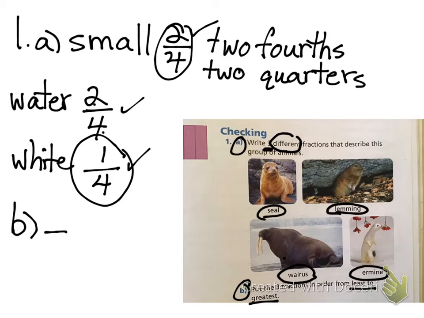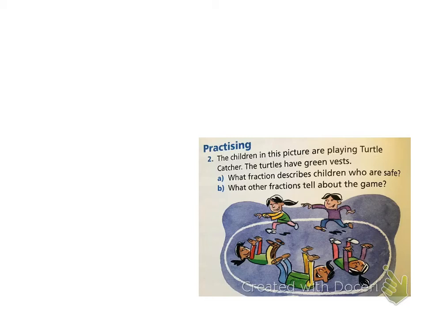Then put a comma. And then write the fraction that is bigger. So if you did that properly, you should have 1/4, then 2/4. Okay, Mrs. Rosloff disobeyed her big rule about read the instructions.